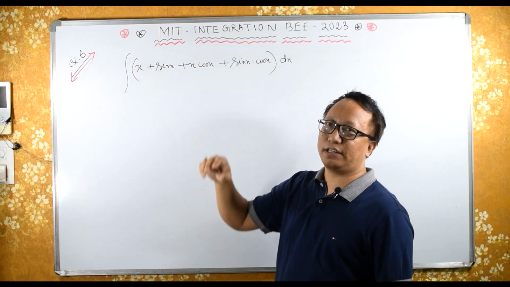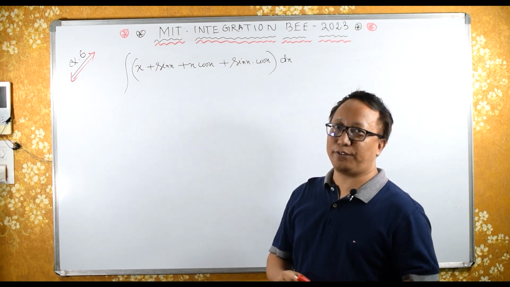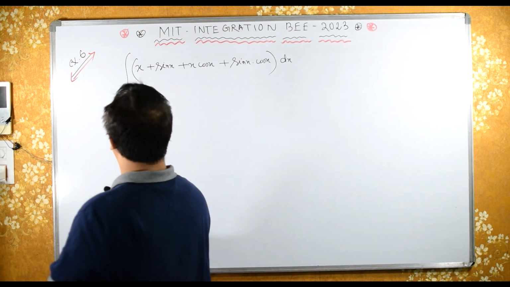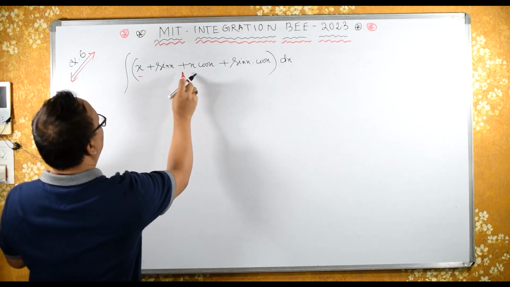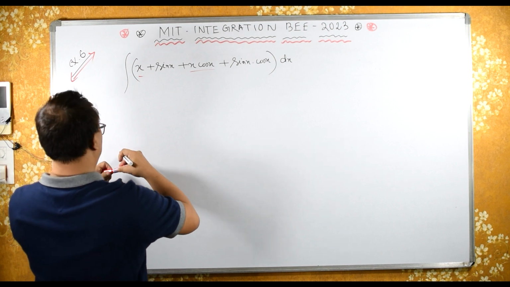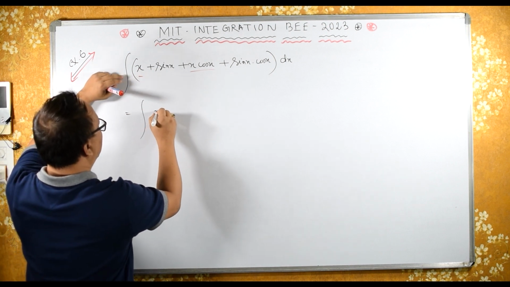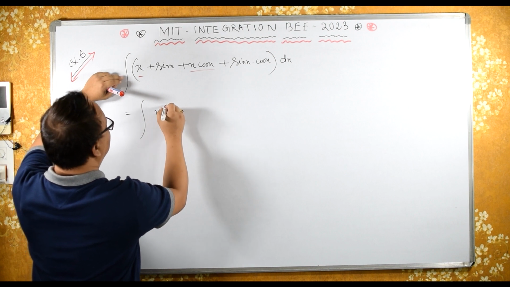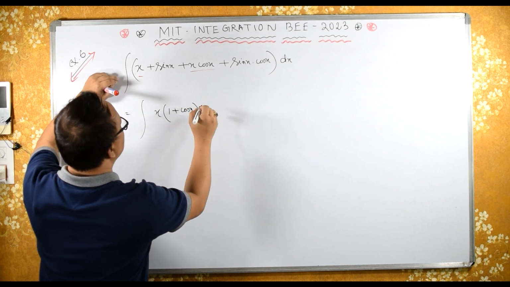Now this integral is very easy. Sometimes the MIT as well as JEE exams also ask very easy questions, so let's solve it very quickly within a few seconds. Now from here I can take x common in the integral: if I take x common here, I have 1 plus cos x.